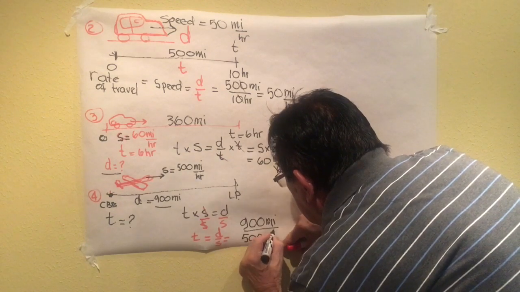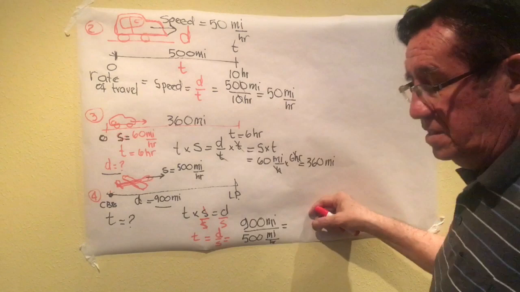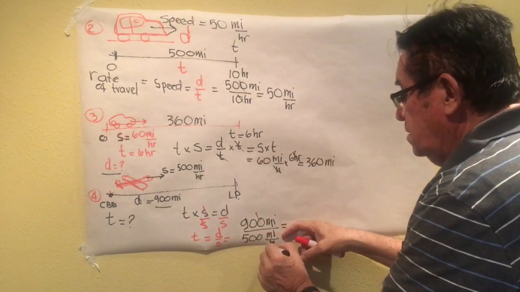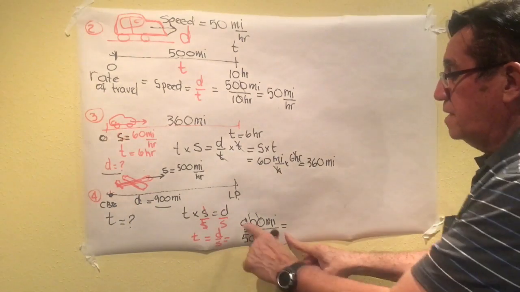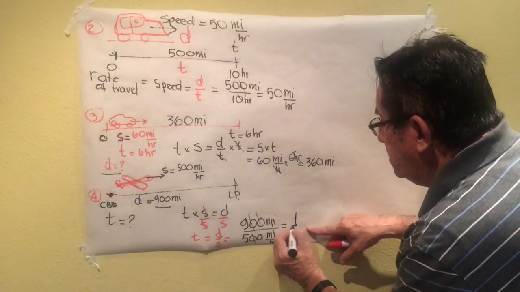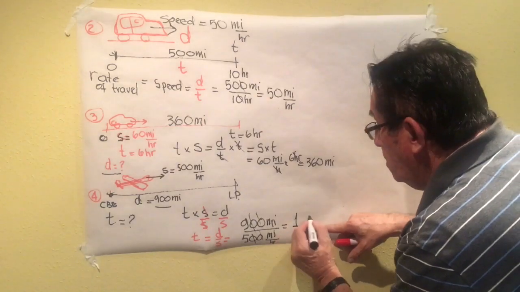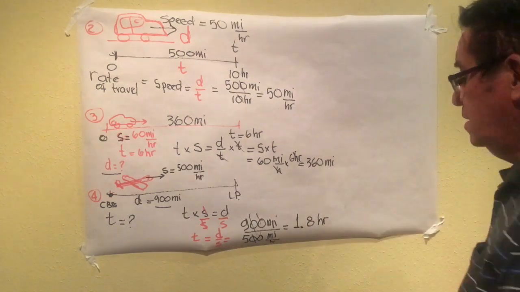If I do this division, these zeros are cancelled. So if I divide 9 by 5, I will get the answer, which will be 1.8 hours. Okay?